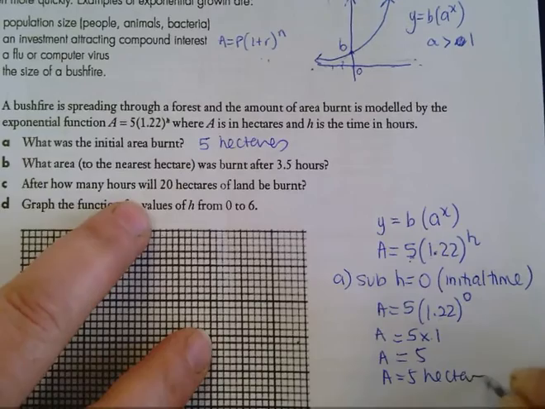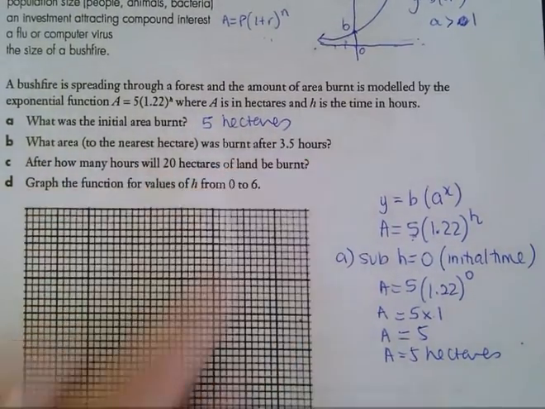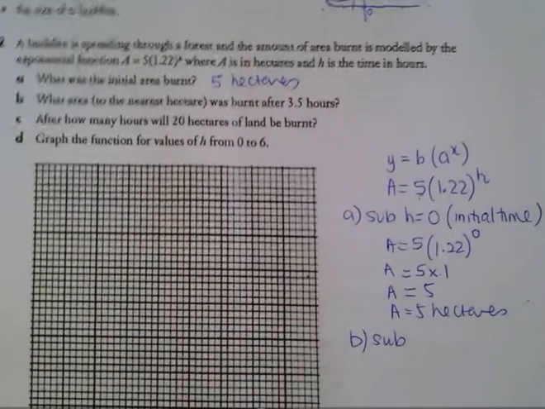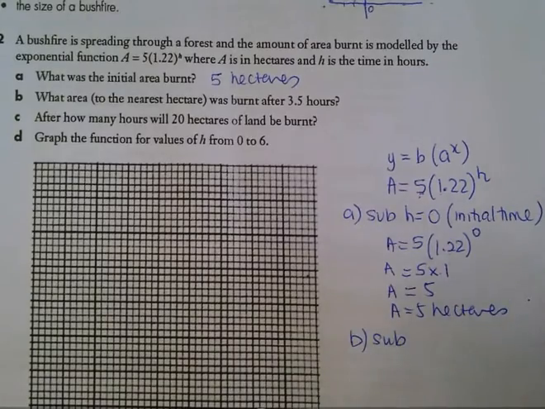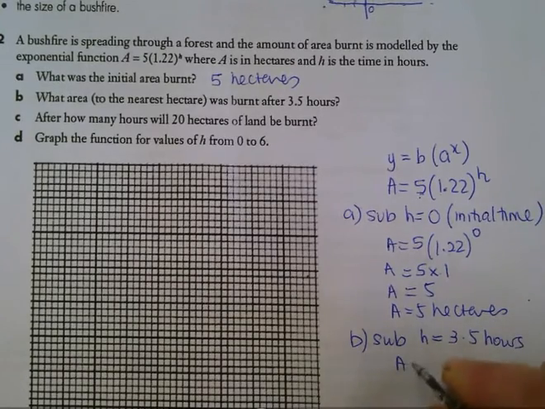Now the next question is, what area to the nearest hectare was burnt after 3.5 hours? We know what to do here. What do you substitute? Anyone? Yeah, substitute h equals 3.5 hours into your equation.